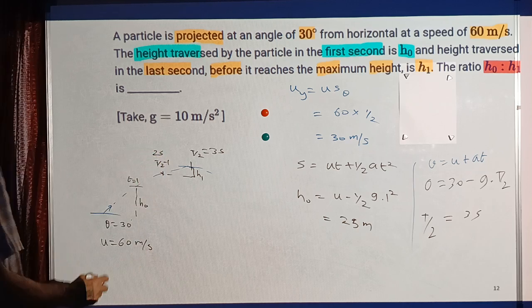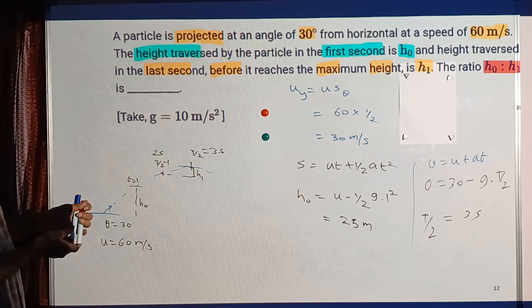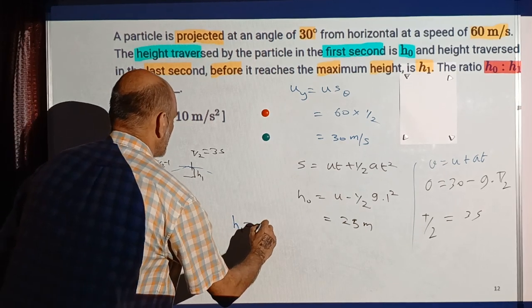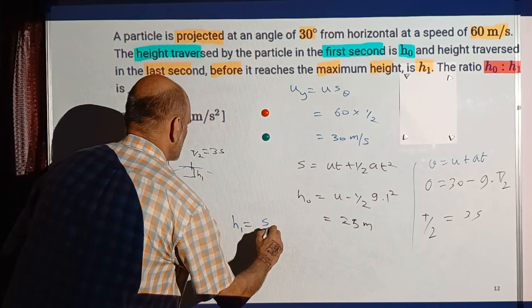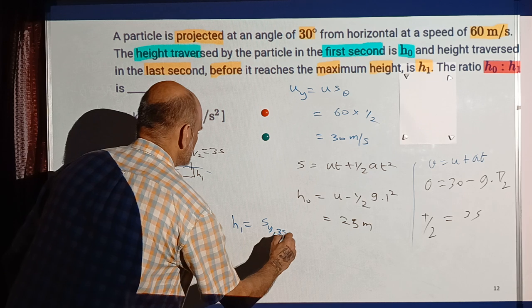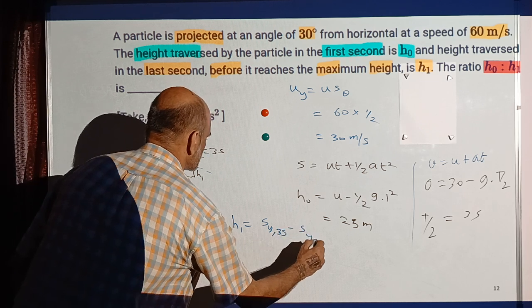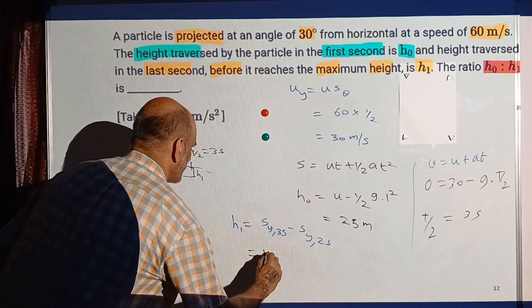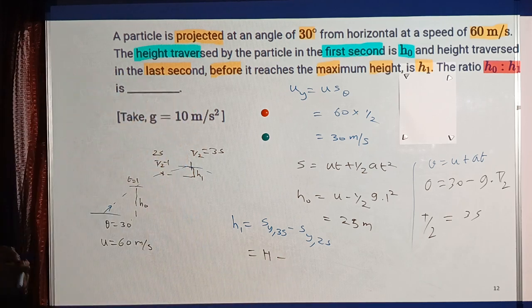So you have to find h1 equal to the distance traveled in 3 seconds, height in the y direction in 3 seconds, minus the displacement in the y direction in 2 seconds. Displacement in the y direction at 3 seconds, the maximum height point, is h, minus the displacement in the y direction at 2 seconds.